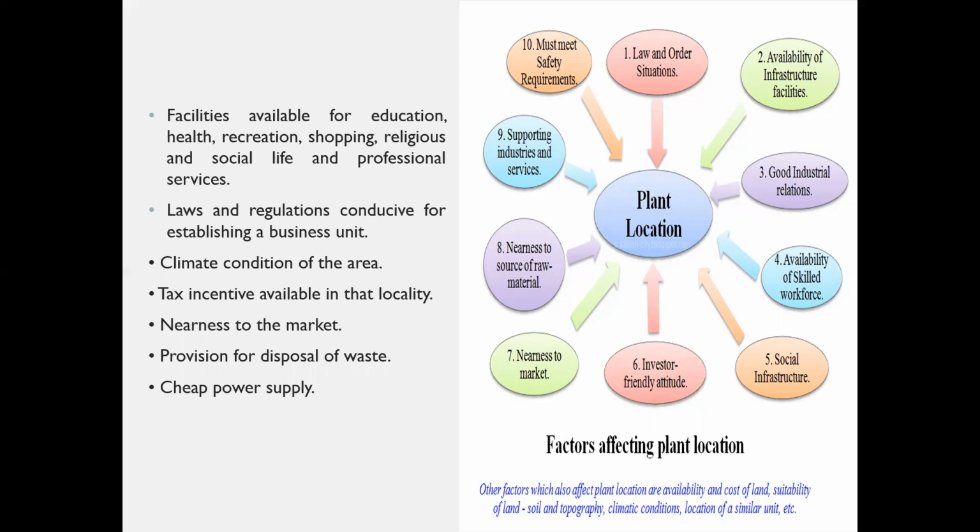All these things we have to consider during the establishment of our plant, relating to location. Here we can see on our left side facilities available for education, health, recreation, shopping, religious and social life, and professional services are also to be considered when selecting a location. Laws and regulations conducive for establishing a business unit.